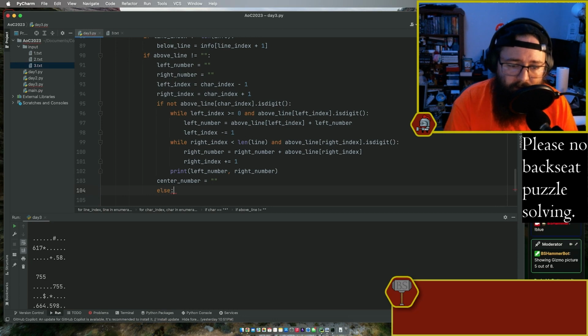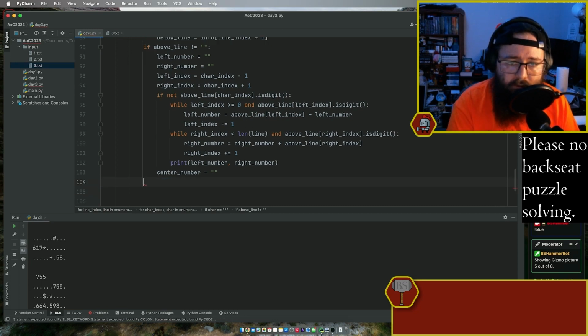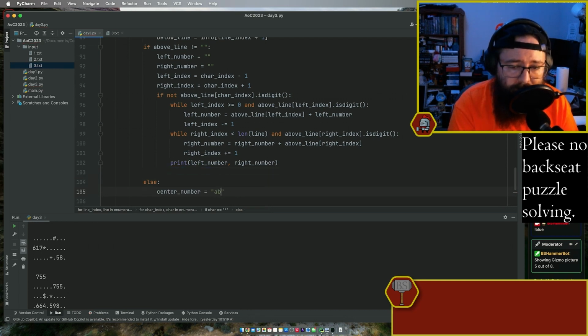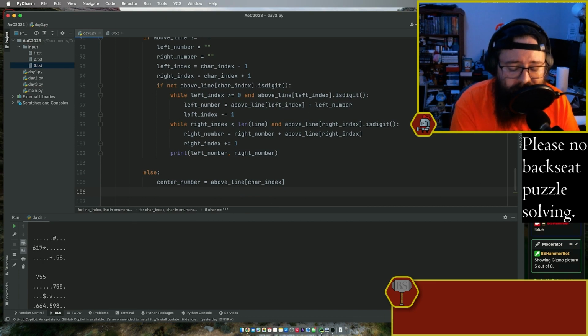There. Why is it happy? Why is it over right? Yeah. So if that, then I need to look at the center number, which is going to be above line at character index. And I need to scan left and right, fill out the rest.